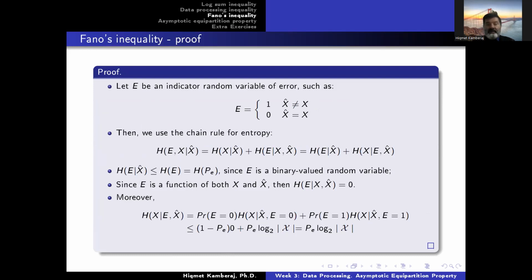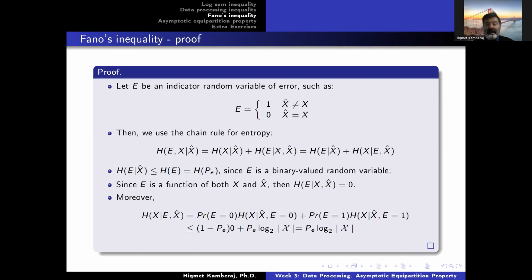Now, as a proof, we can first introduce E to be an indicator random variable of error, such that E is equal to either 1 or 0. It is equal to 1 if X hat is different from X, and it is equal to 0 if X hat is exactly X. Now we use the chain rule for the entropy.